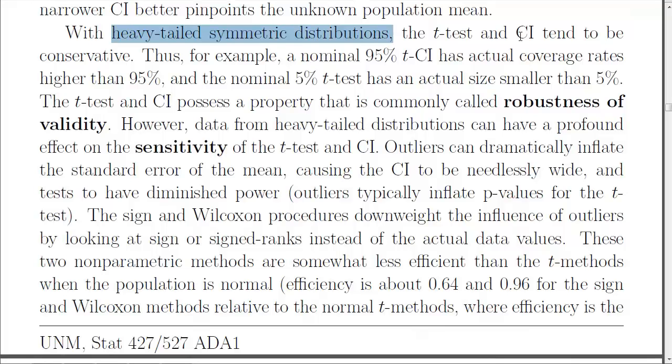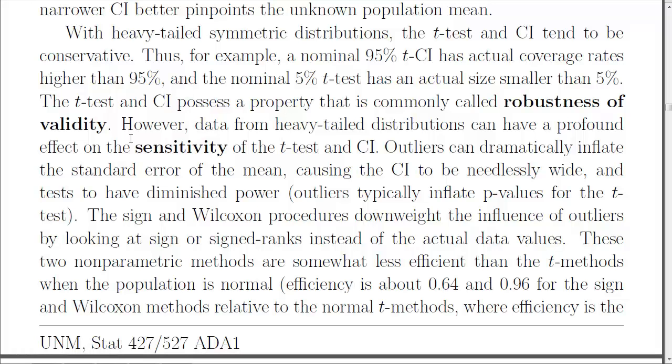It's going to make the test procedures have larger p-values than we'd like them to have. And so that is called, in this case, a robustness of validity, in that even when you have large standard deviations, it typically isn't going to cause a big problem for the t-test when you still have symmetry.